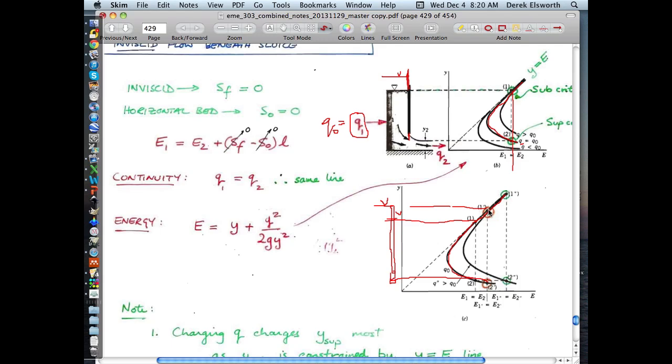And so we know that the upstream energy and the downstream energy are the same because we're assuming that there are no losses in the system due to friction, and the bottom of the bed, this lower level here, is horizontal, both upstream and downstream, so there's no gradation on there. And so now as we've lowered this gate here, as we come across, instead of being exactly on the same point, we'll be at point 2 prime.